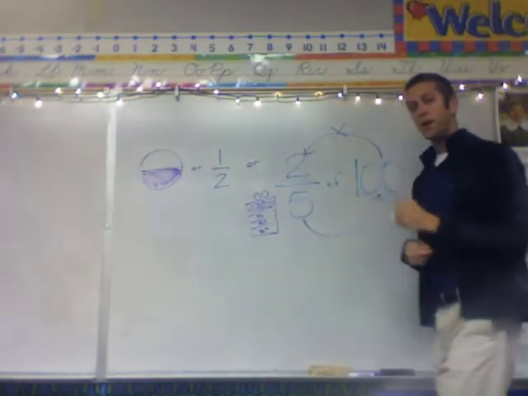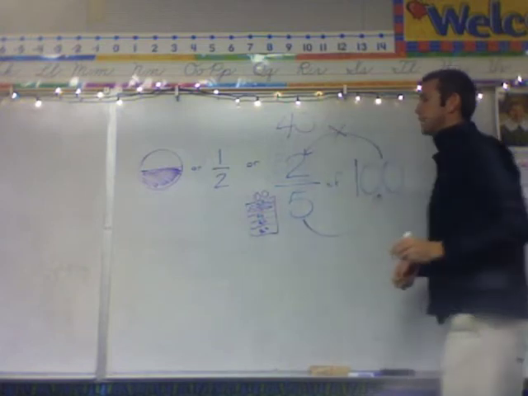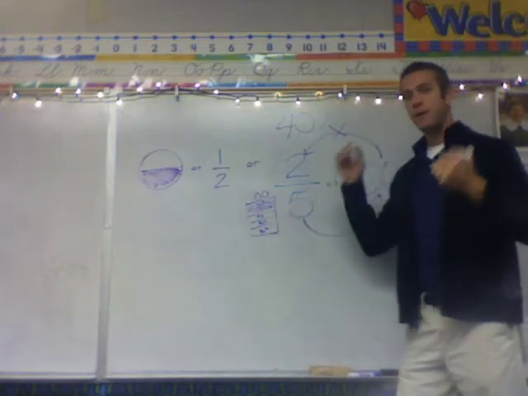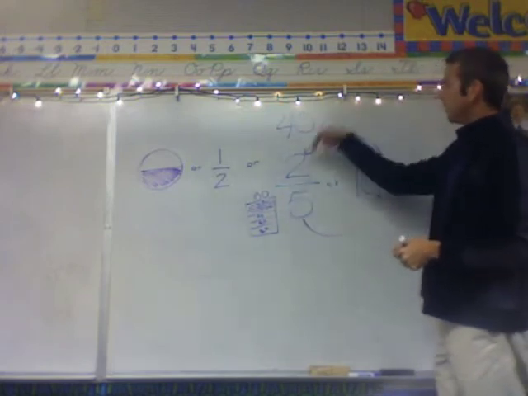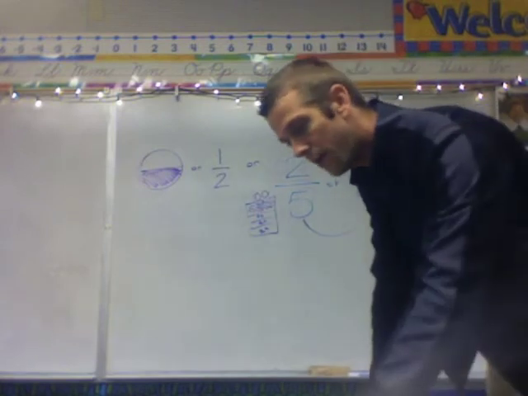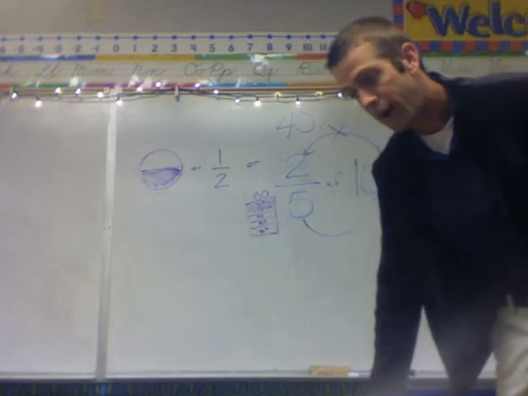That's 40. 20 and 20 makes 40%. Some students like to draw and be visual. Some like to just remember, oh, around the world. 5 goes into 100, and that number multiplies by 2. Okay?